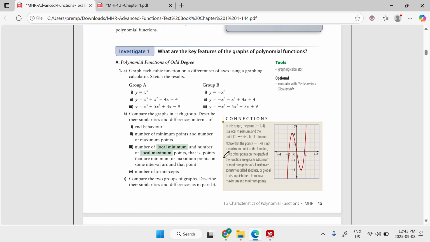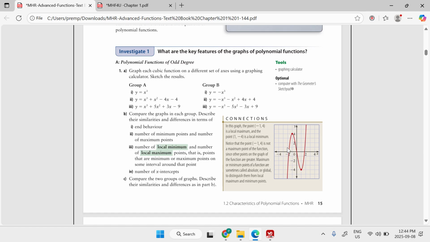Now if we have a polynomial of odd degree, and we have a function with even degree, then depending upon the behavior, you can see we have these terms: local minimum and local maximum. Local minimum means the minimum value in a certain interval.